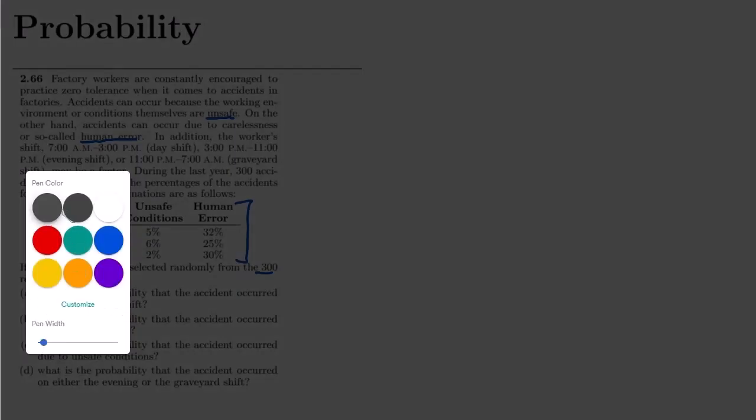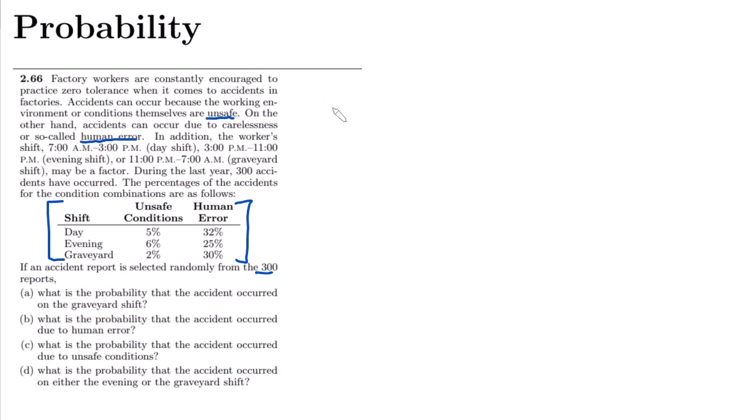So in order to solve it, let me solve it here. This is the solution, and to find the solution of part A, what do I have to do? I have to find the solution for graveyard, and in the graveyard shift I may have either unsafe condition or human error.